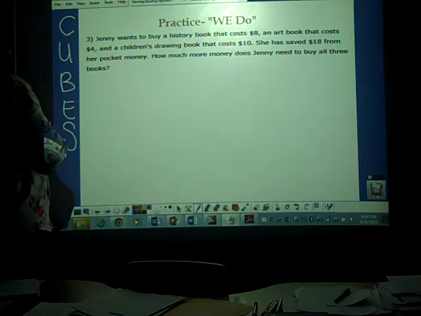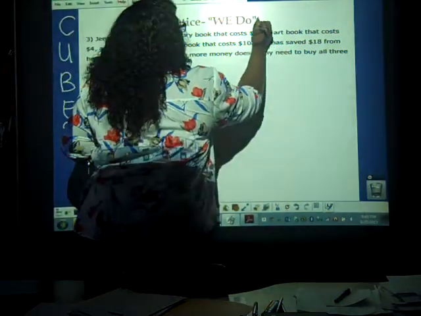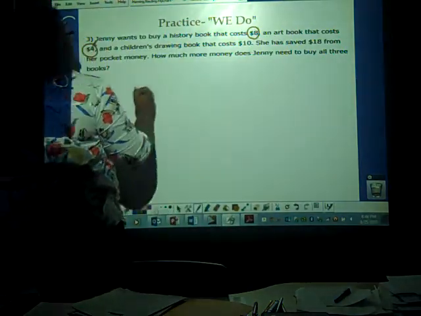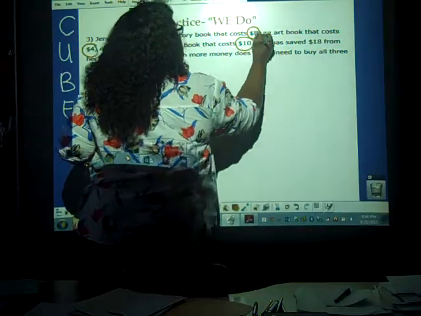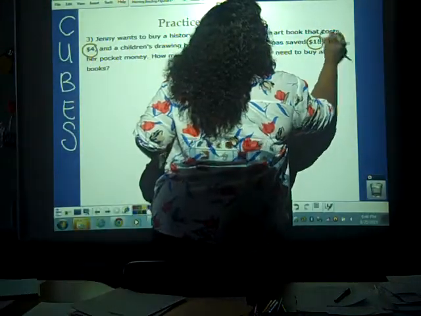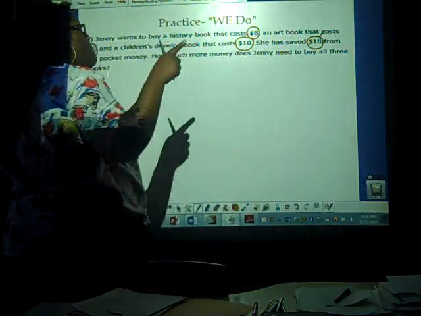All right. Now, we're going to circle our numbers. $8, $4, $10, and $18. And all 3 books.